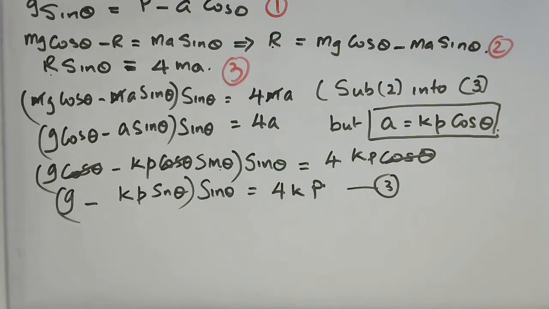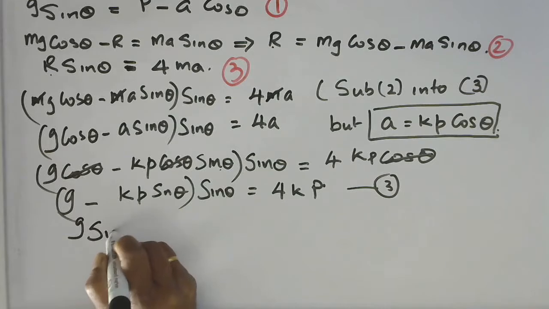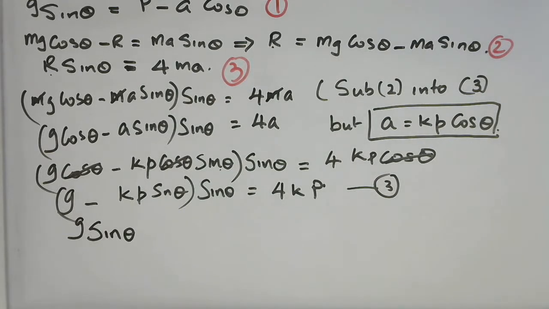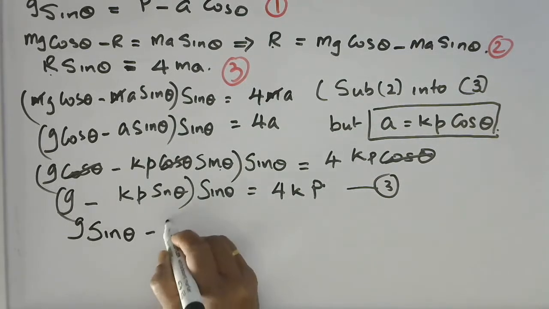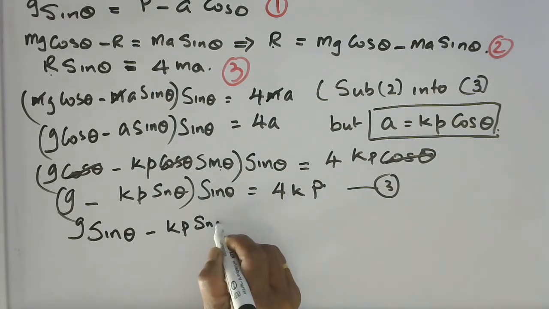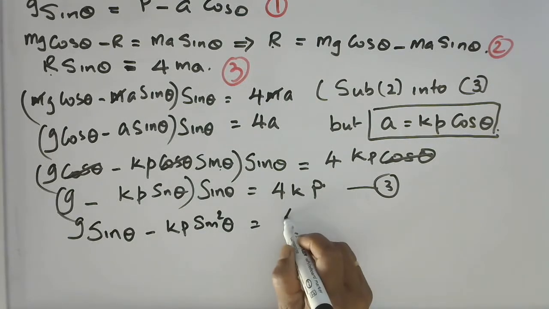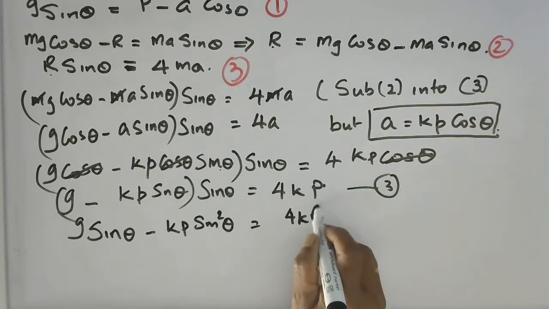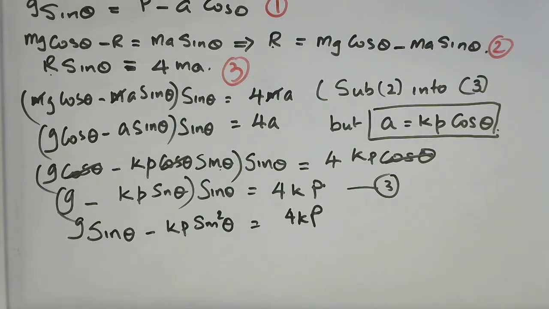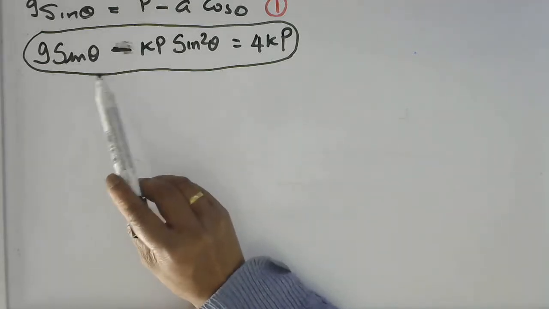Now we can open the bracket. g sine theta minus kp sine square theta equal to 4kp. So that's what we have done so far.